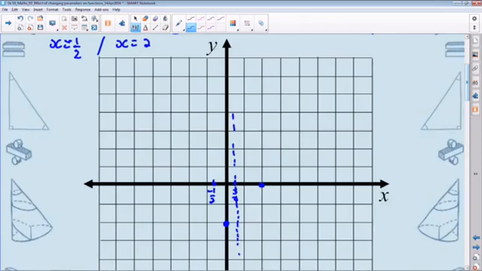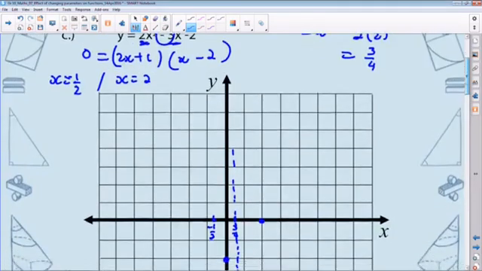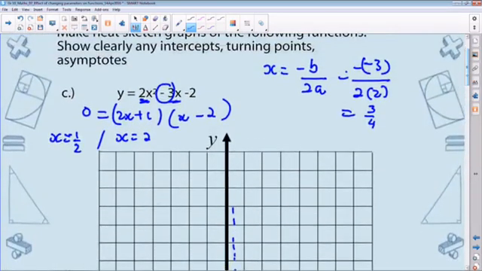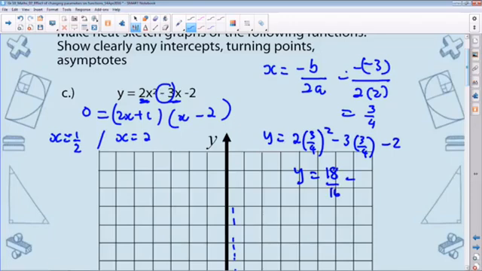All right? And then next, we should have made the scale a little bit bigger. And then you take this and substitute into the original, okay? So you've got y is 2 bracket 3 over 4 squared minus 3 bracket 3 over 4 minus 2, which gives us y equals 18 over 16 minus 9 over 4 minus 2.